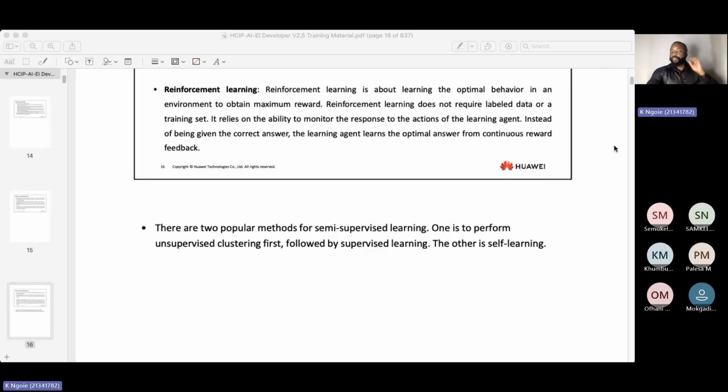So what does it mean? Let's say you want to use reinforcement learning to create an AI tool that can buy stocks on the stock market and make an investment. As I am training this model on historical data, I look at what happened.